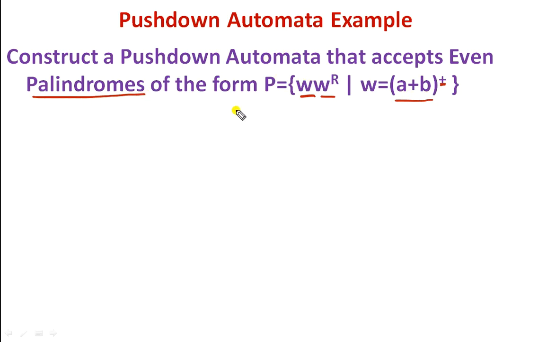For example, consider a particular string ABBA.